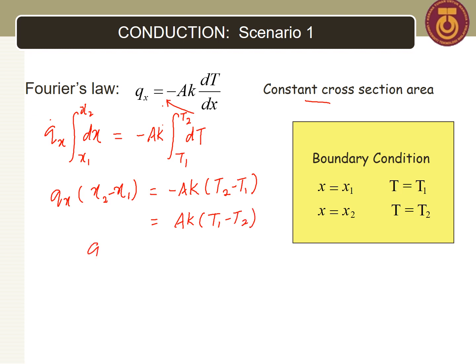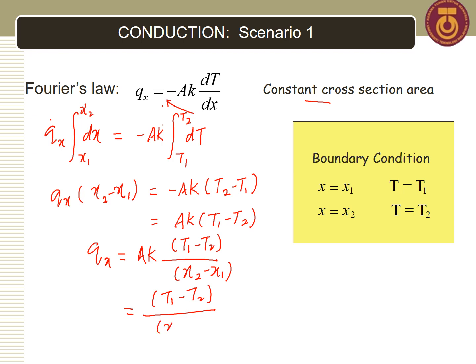Qx therefore equals AK times T1 minus T2, divided by x2 minus x1. If you want to present this equation in the form of driving force divided by resistance, we can write it like this, because we know the temperature difference is the driving force.